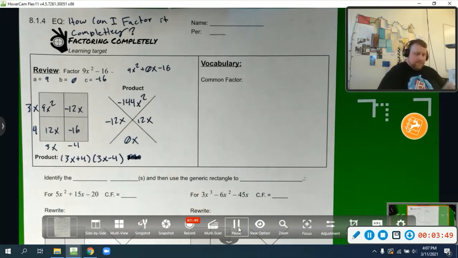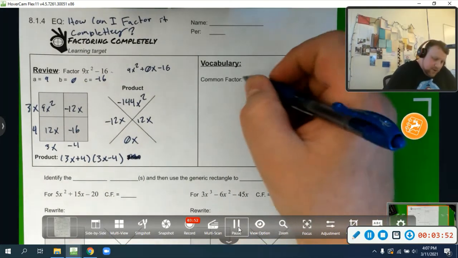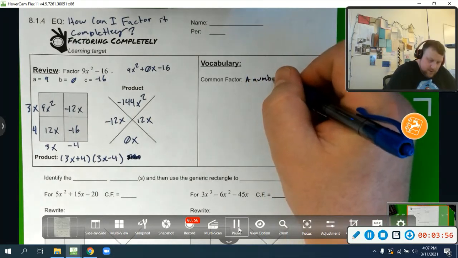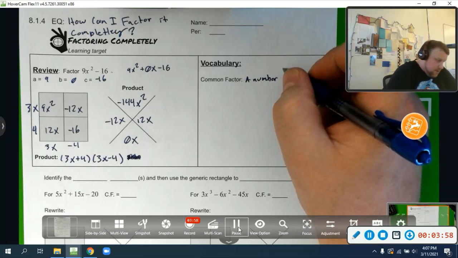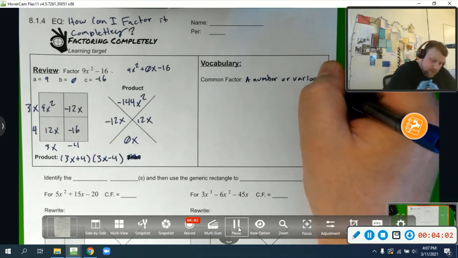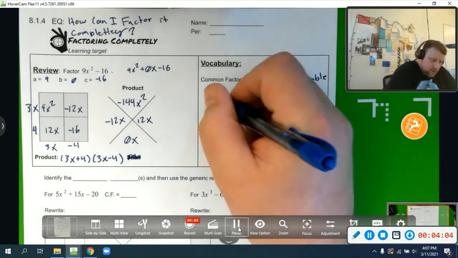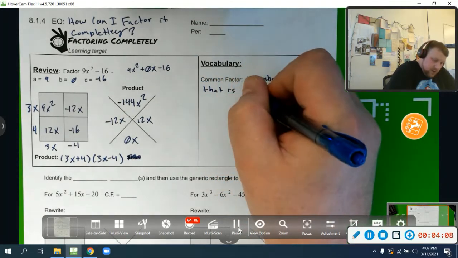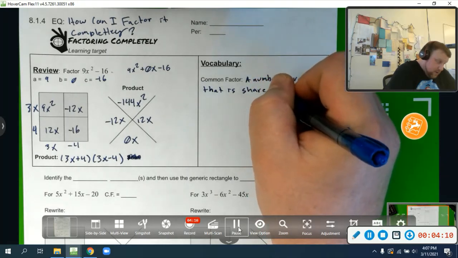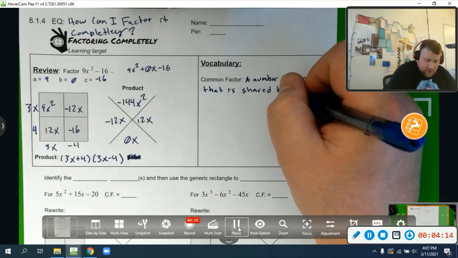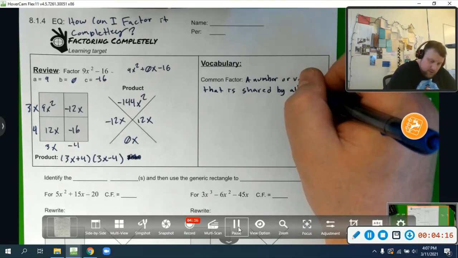All right. I want to define common factor. This is a number or variable that is shared by all terms in an expression.